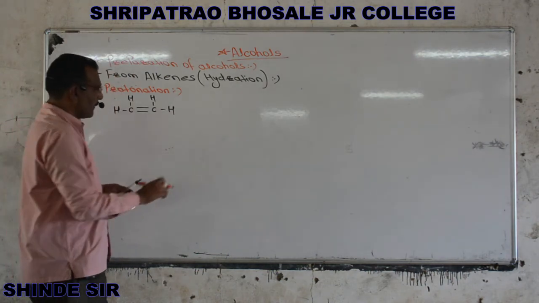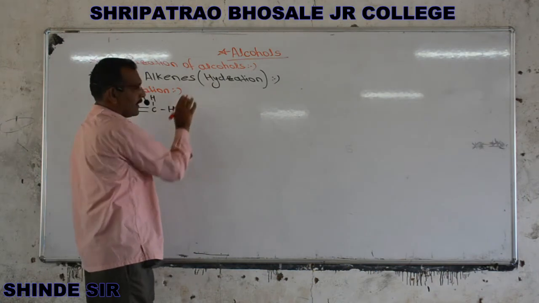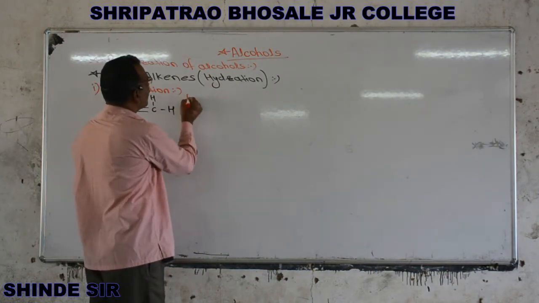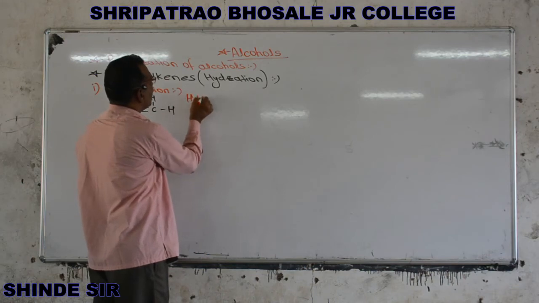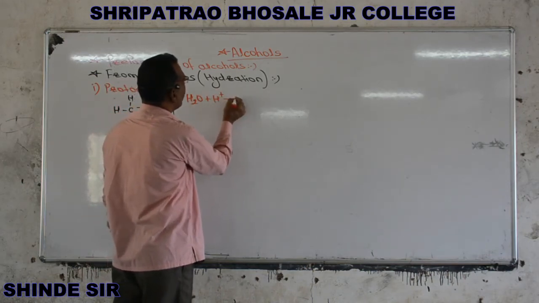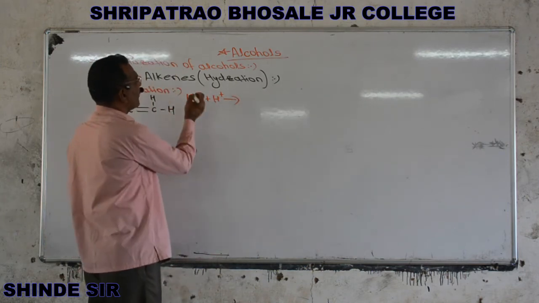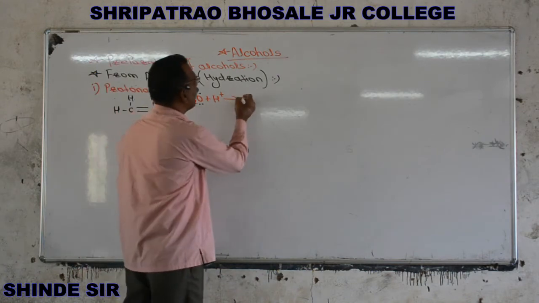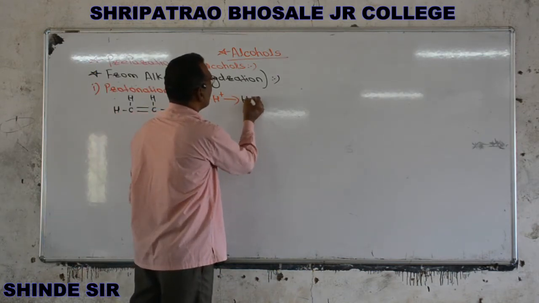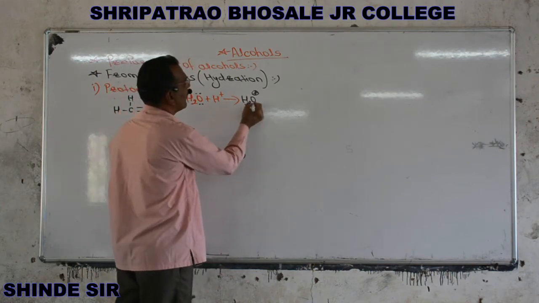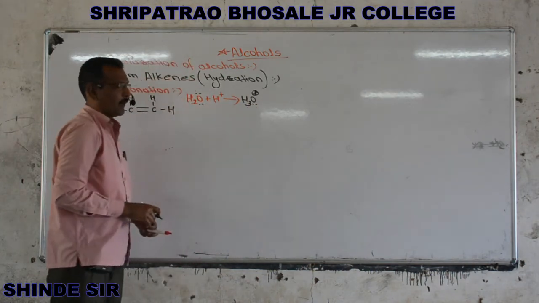We have used an acid catalyst, sulfuric acid, and water. The water reacts with a proton. As you know, protonation of water takes place, that is, the formation of the hydronium ion.